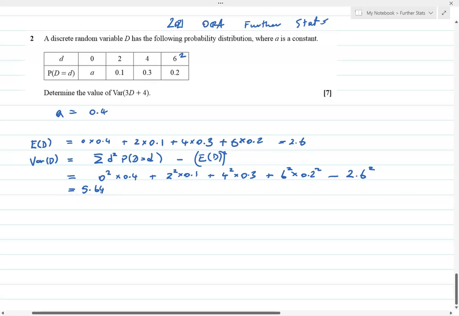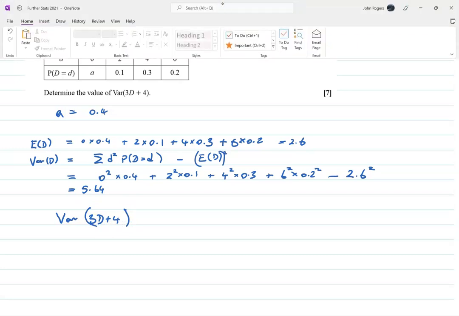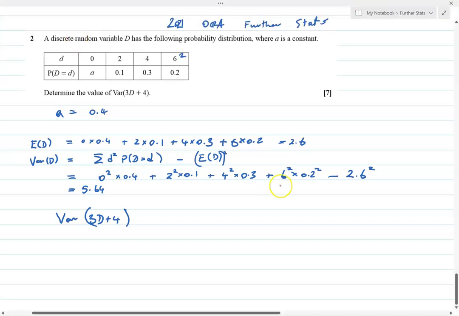Right, so we're nearly there already, because probably the quickest way to do this now is just to work out the var of 3D plus 4. If you're finding a linear combination, the var of aX plus b is equal to a squared var X, and the b gets dropped.